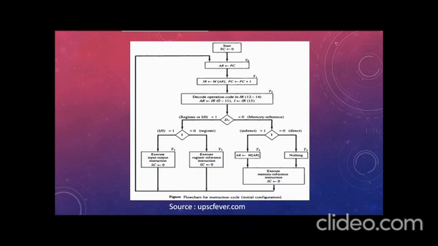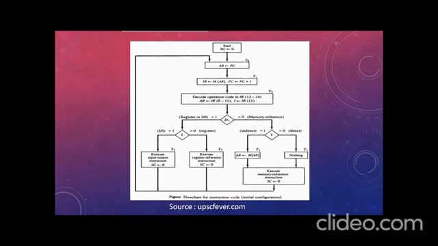The control unit decides the type of instruction, whether it is a register instruction, an input-output instruction, or a memory reference instruction. The type of instruction is decided by D7. The 3 bits of opcode can have 8 values, D0, D1, D2 till D7.